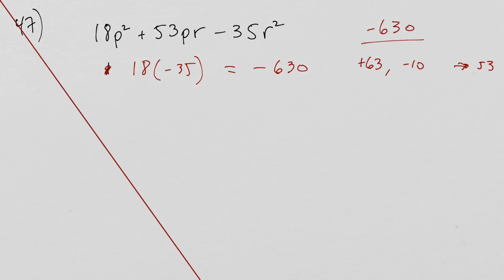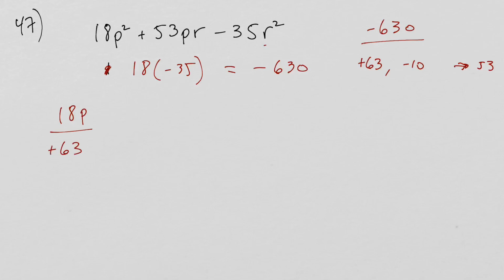So, I'm going to get 18p, and I'll put it over a positive 63. I'll put one of those r's down below. And I'll have 18p over my negative 10, and I'll put one of my r's down below. I'll simplify each fraction.